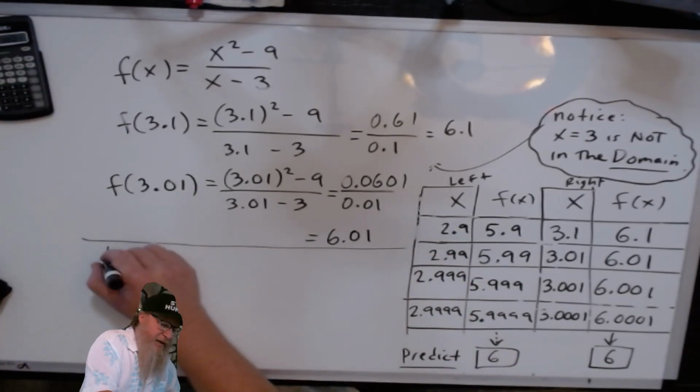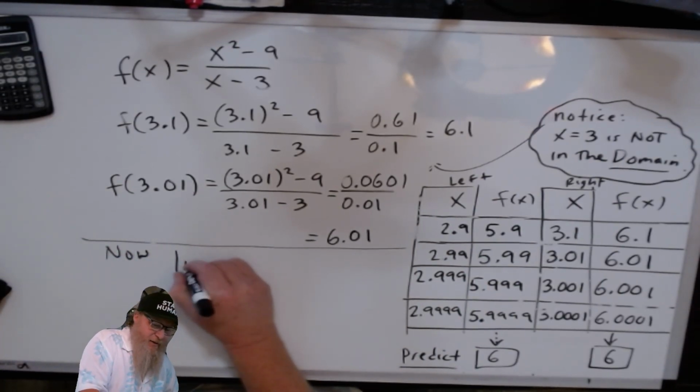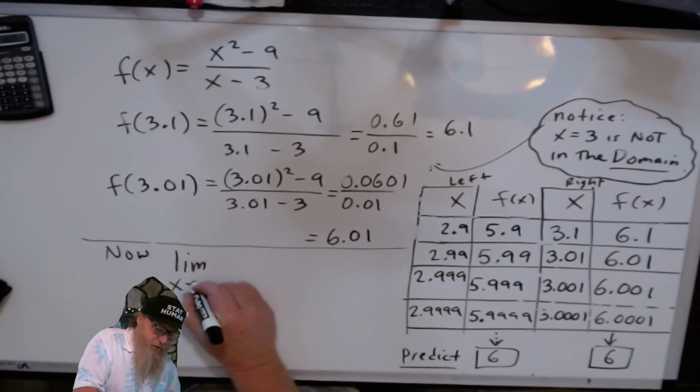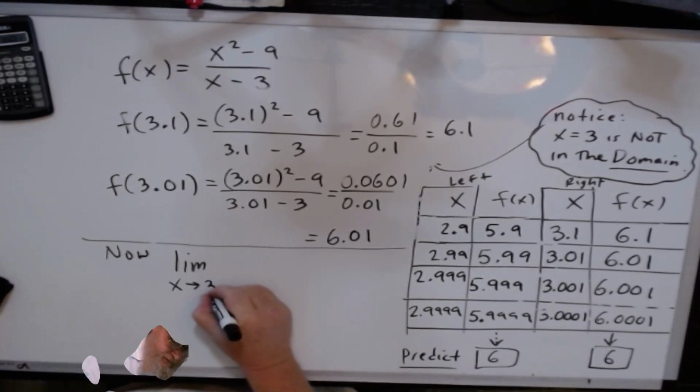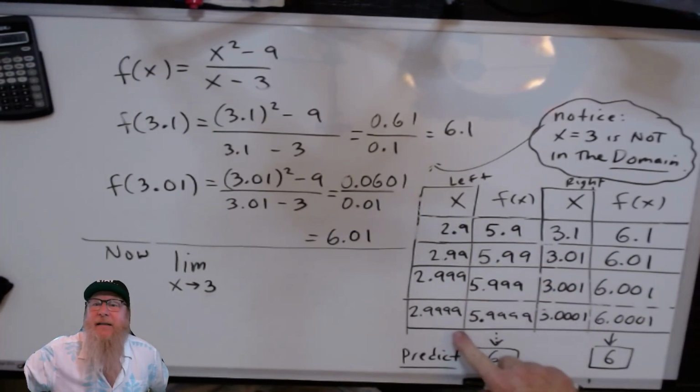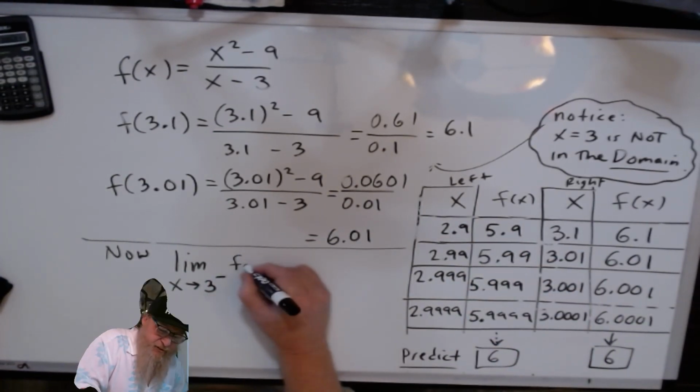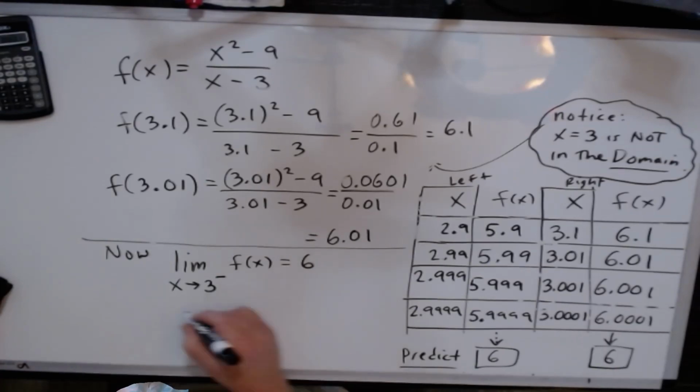So now we can answer the limit as x approaches 3. Sorry, don't want to screw that up. The limit as x approaches 3 from the left is 6.